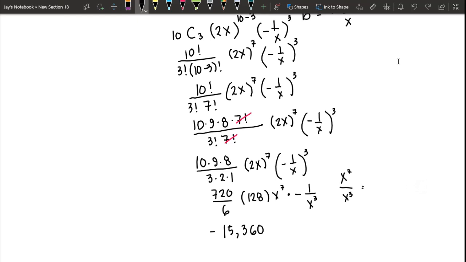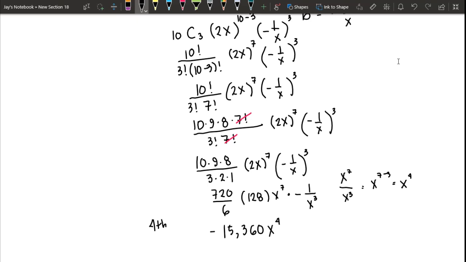Now from our algebra, we have an exponential rule. That is, when we divide the same variable, we get the difference of their exponents. So we have x to the 7 minus 3, that will give us x to the 4th power. So therefore, the 4th term is negative 15,360 x to the 4th.